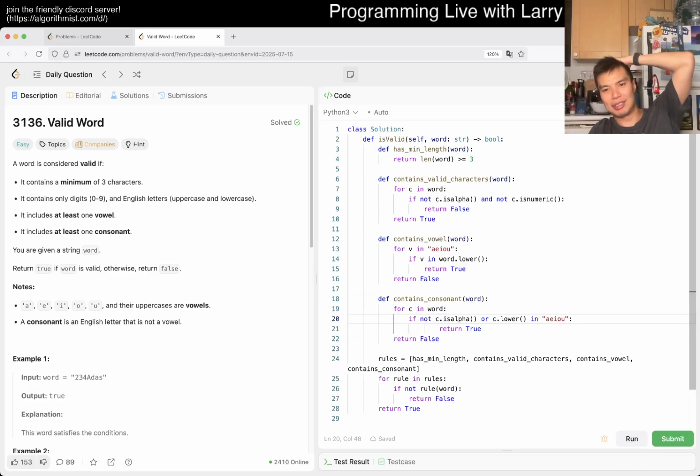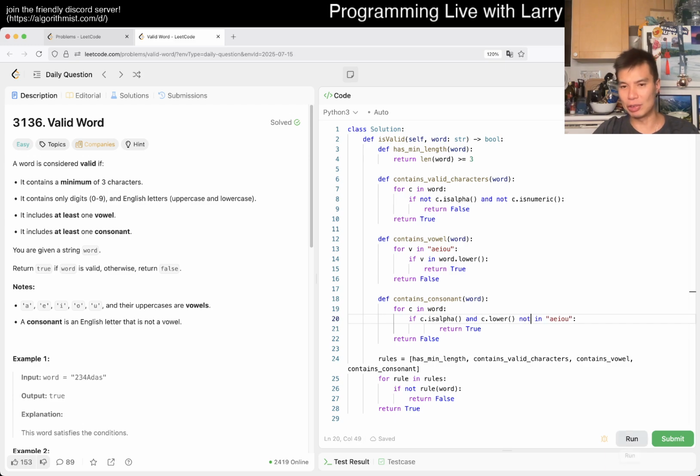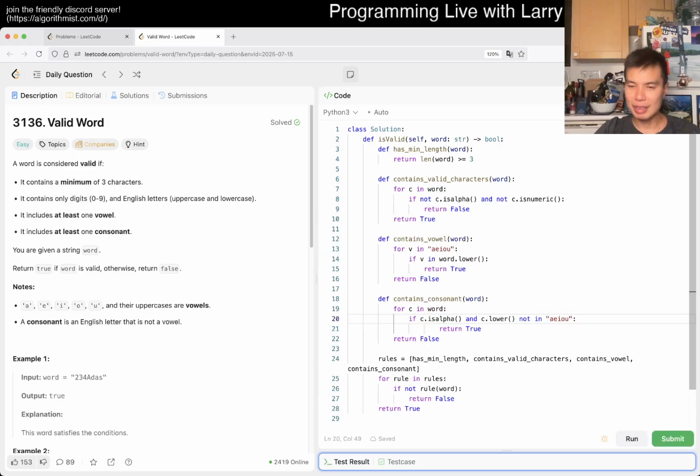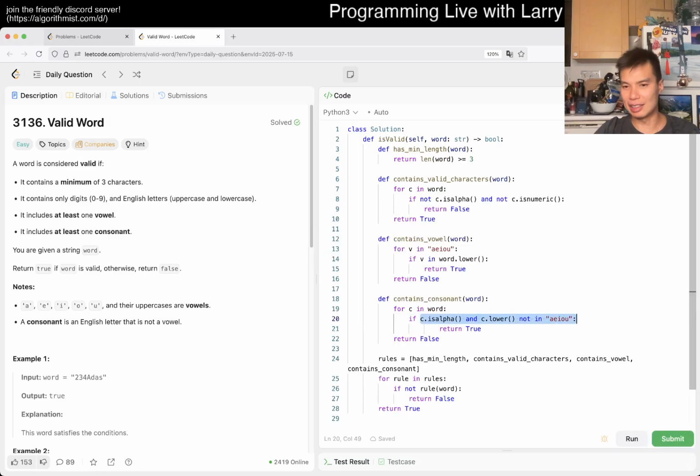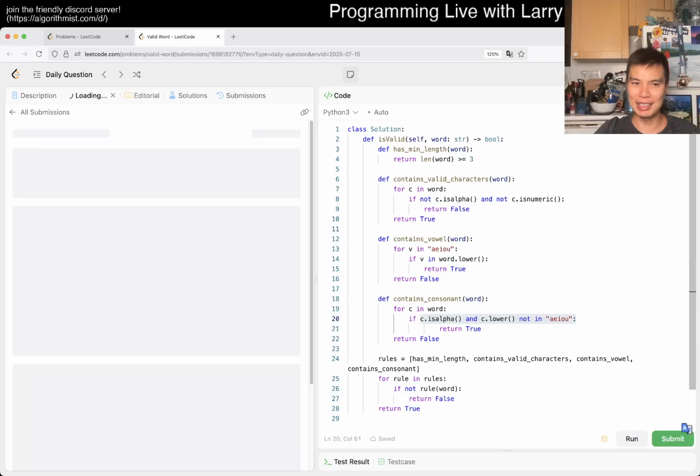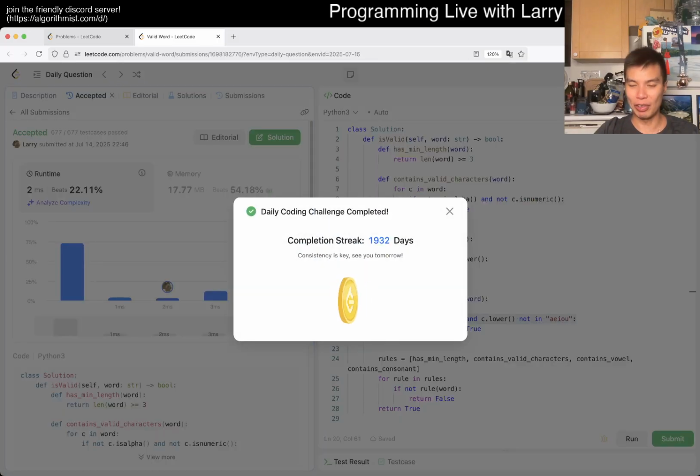If it is not alpha, that means that it is alpha, or I don't know. I think this is slightly harder to read with DeMorgan's. So if it is alpha and it is not in AEIOU, return true, right? The reason I'm just saying that it is in two things. You could also have done it a little bit differently, maybe. That's YOLO submit. Hopefully I didn't make a silly mistake after talking all the spiel.